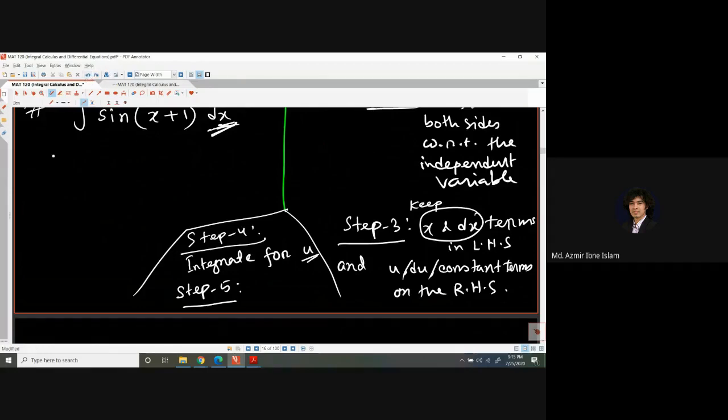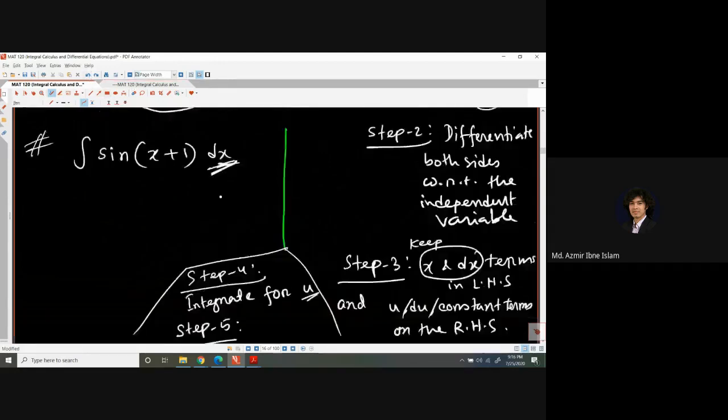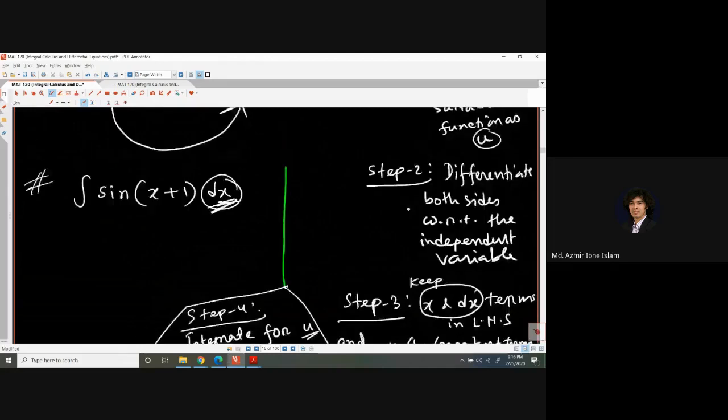Finally, step 5. Suppose you are successful in this part, you are getting the direct formula or the calculation is becoming easy, then in step 5 you will get the antiderivative for u. So you must get back to x again, because you are starting a problem with x, but u is your consideration.